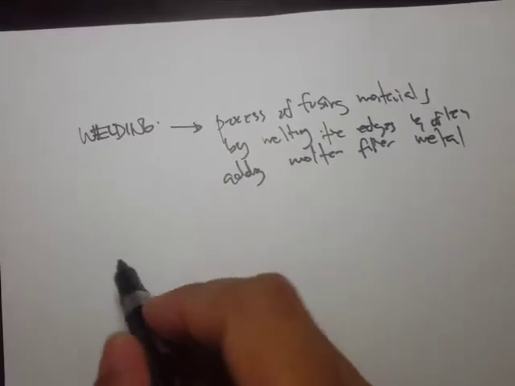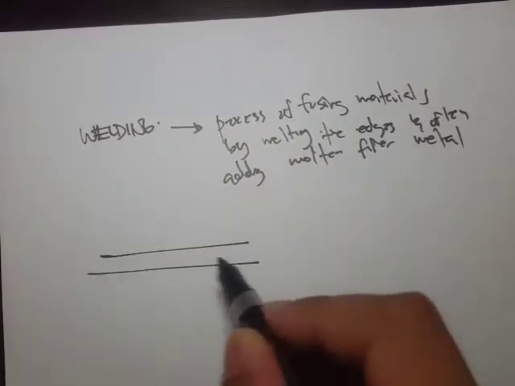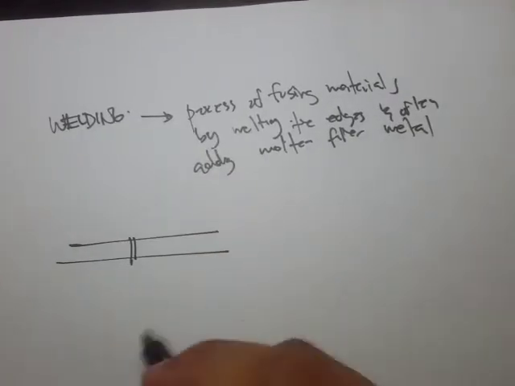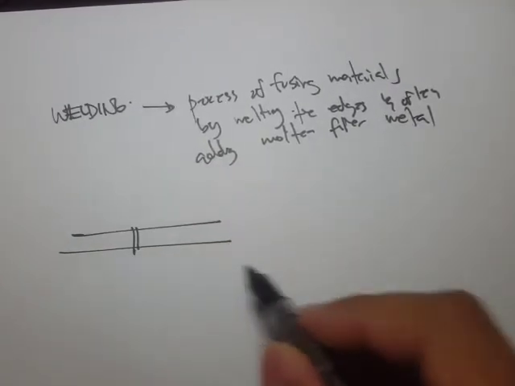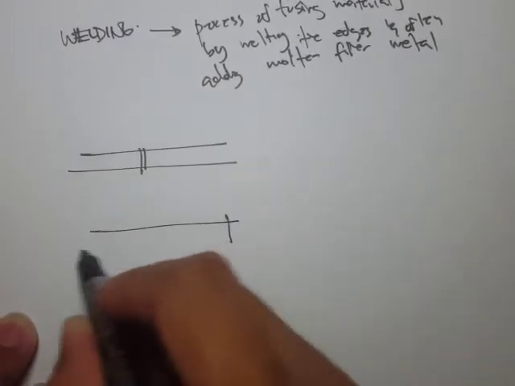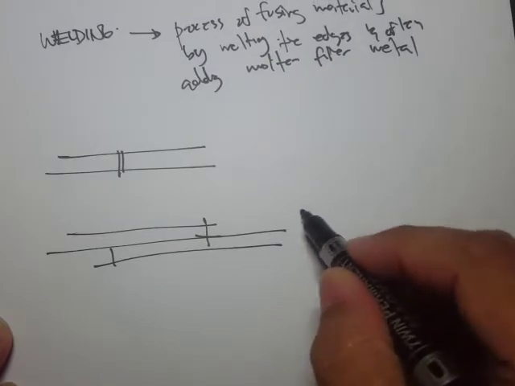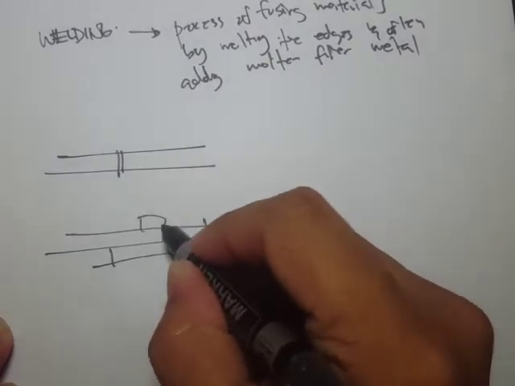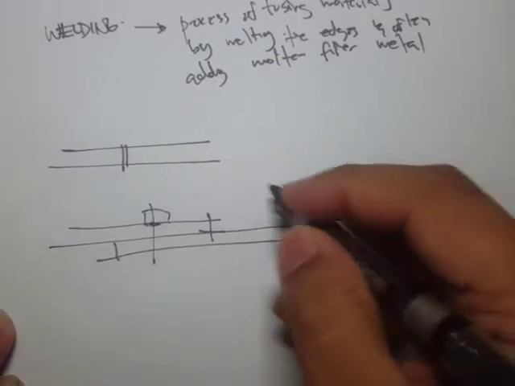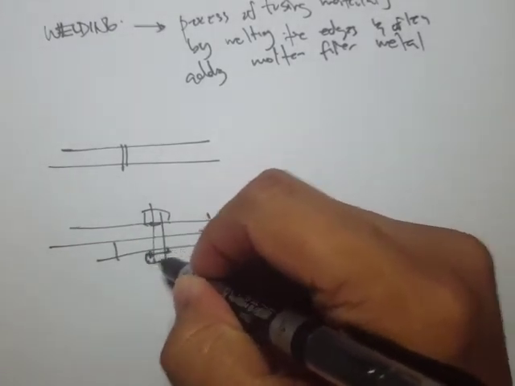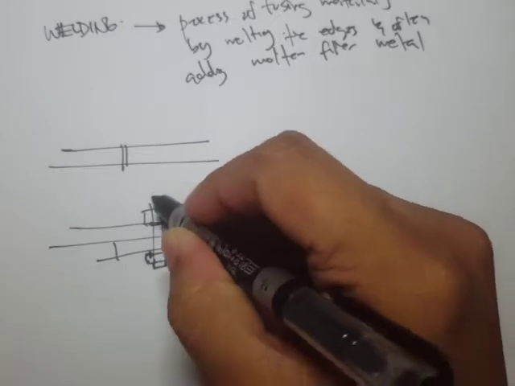To illustrate this, let's have a section of a plate. For example, we have two plates here, and let's just draw a lap splice. For a bolt, what you're actually doing is drilling a hole and then inserting a bolt and nut.